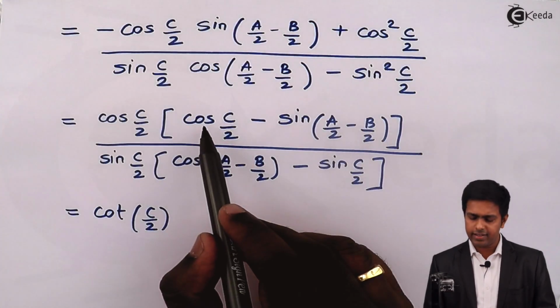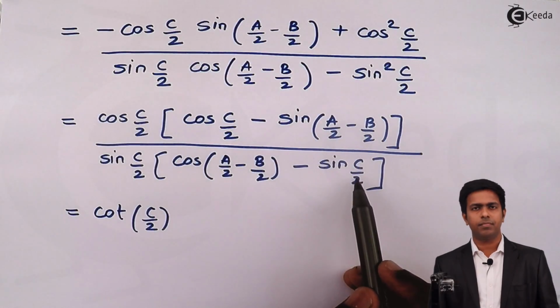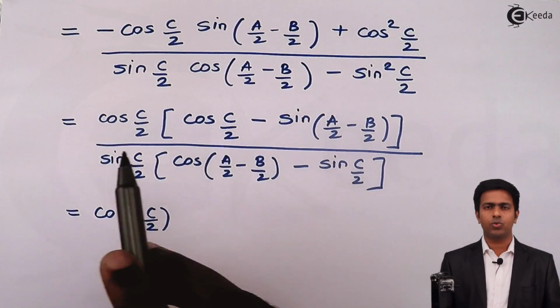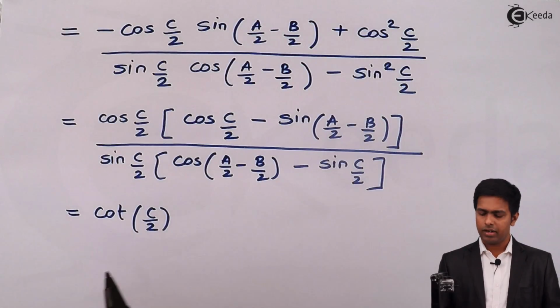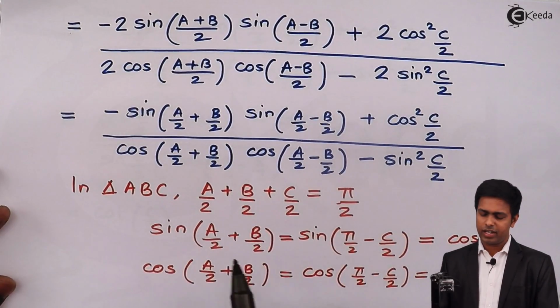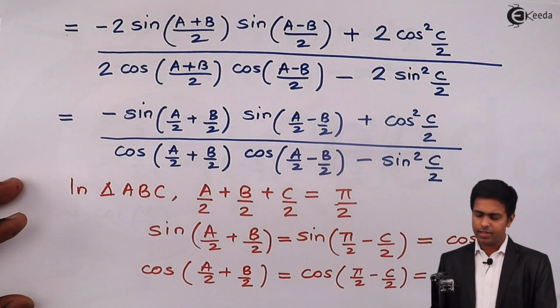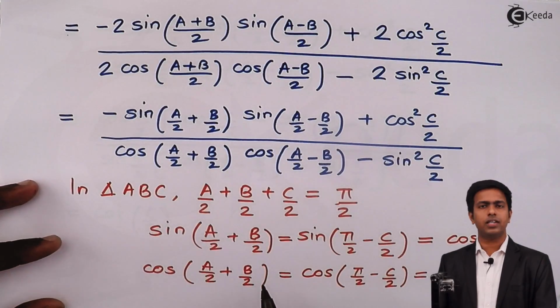So here we can see that we have cos(C/2) term and sin(C/2) term. So I'll convert these C/2 terms in terms of A/2 and B/2. Here we have the substitution for cos(C/2) as sin(A/2 + B/2), I'll put it over there, and for sin(C/2) I'll say cos(A/2 + B/2).